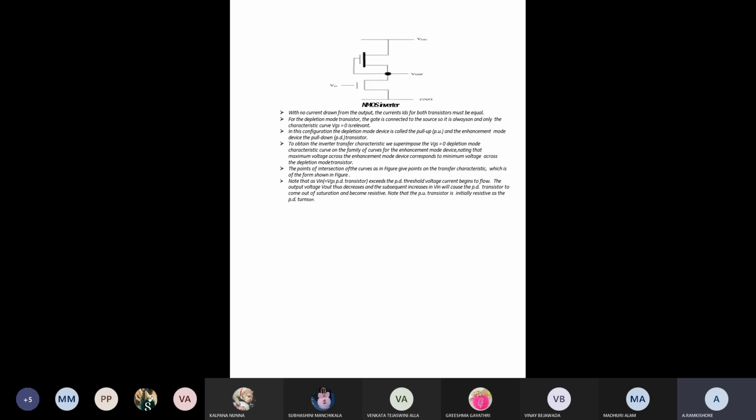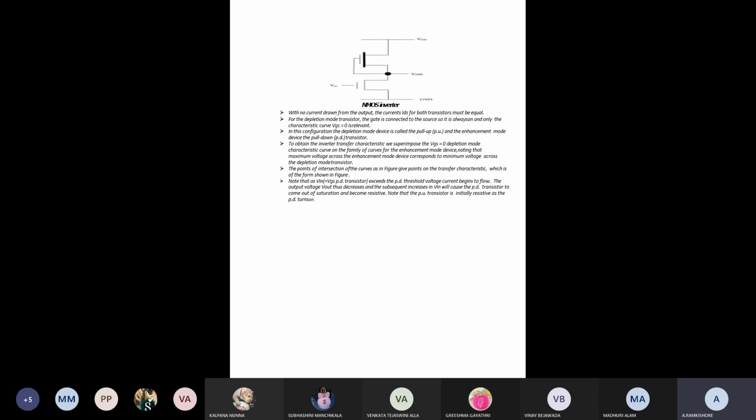So the entire operation depends on Vin. At the upper side we apply the VDD voltage, and at the bottom side we apply the ground voltage. So here we have two cases.